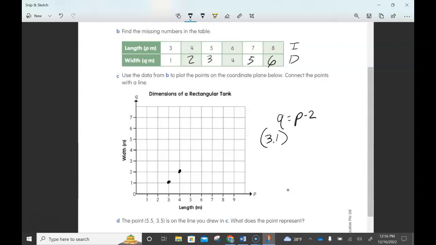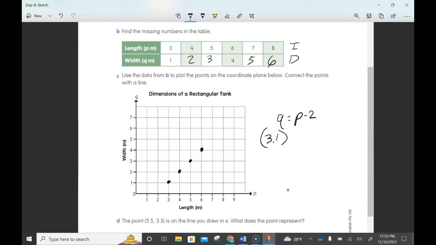Make sure you understand that you're aligning it with the length and width. The x-axis is the independent variable and the y-axis is the dependent variable. Then 5 and 3, 6 and 4. You notice I have the correct answers here because it's forming a straight line.